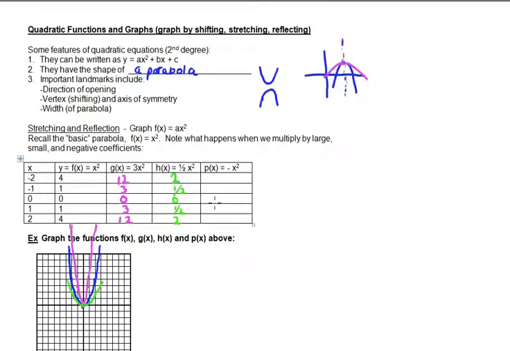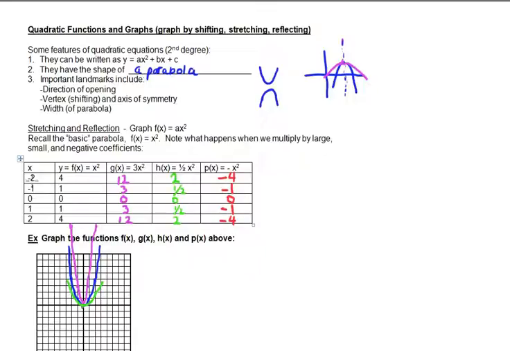The last transformation I'd like to do is multiplying by a negative number. So again, we're going to take our y values here and just multiply by negative 1. So we get negative 4. Negative 1 times 1 is negative 1, and 0 stays 0. Then negative 1 times this positive 1 will still give a negative 1. And negative 1 times 4 gives us negative 4.